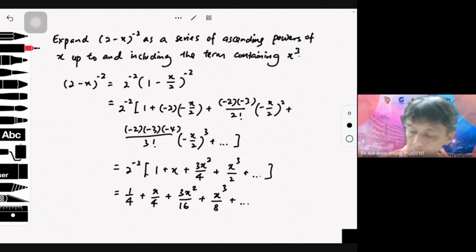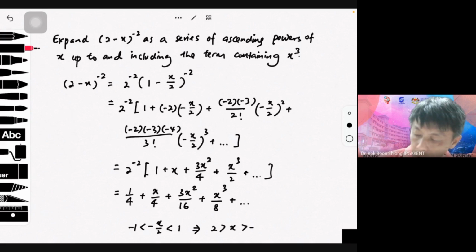If we want to consider the range for x, it could be negative 1 less than negative x over 2 less than 1. So this is actually x between negative 2 and 2. So this is the range.